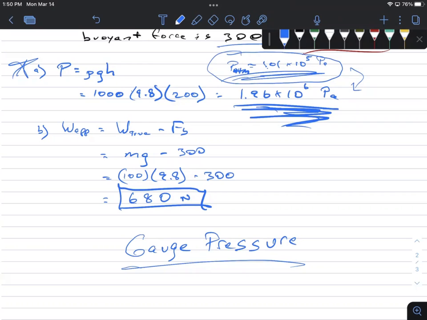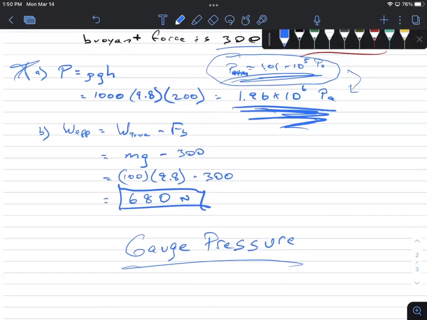The gauge pressure is how much more pressure is there due to these circumstances. And so we'll figure out how to do that. It's really easy. It's just like the apparent weight is the true weight minus some amount. Well, the gauge pressure is the absolute pressure minus some amount. Okay, so we'll discuss that next time and then get into Archimedes' principle, which is all about buoyant force and things like that. So that's what we can expect for next time.